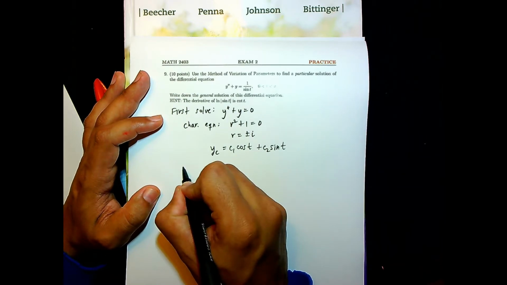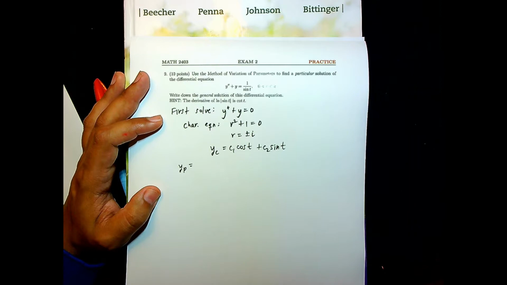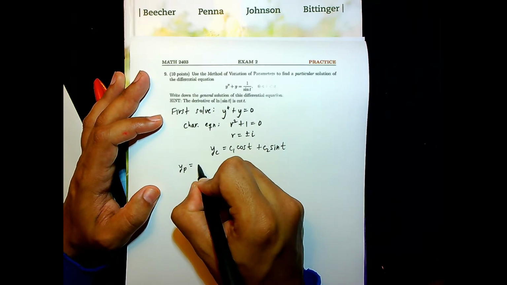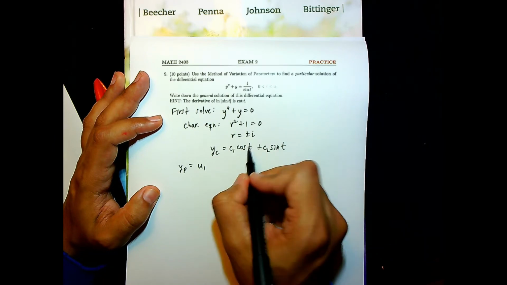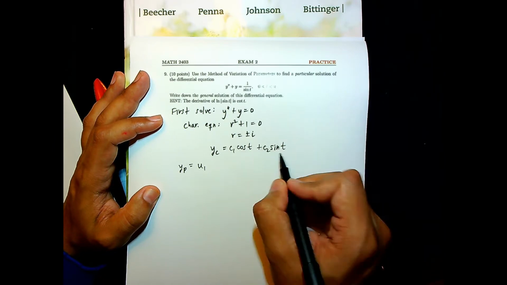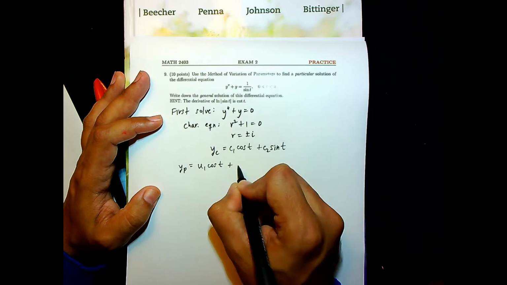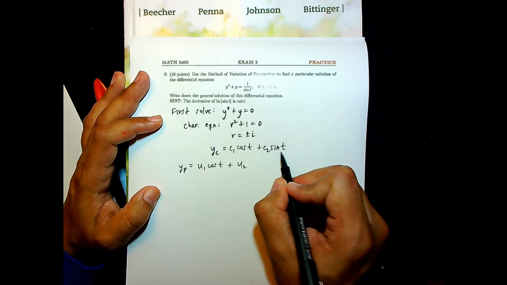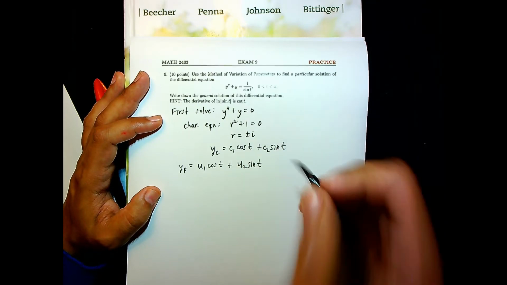Now, the particular solution, according to the method of variation of parameters, is going to be of the form u1 y1, and this is my y1, so it's going to be u1 cosine of t plus u2 y2, and this is my y2, sine of t, right?